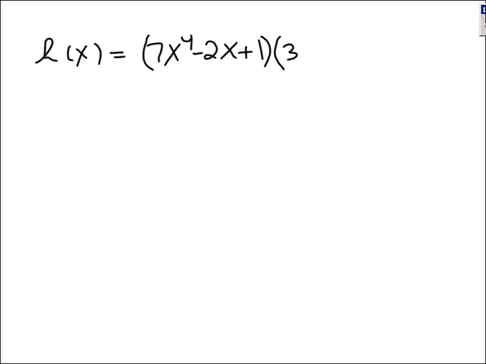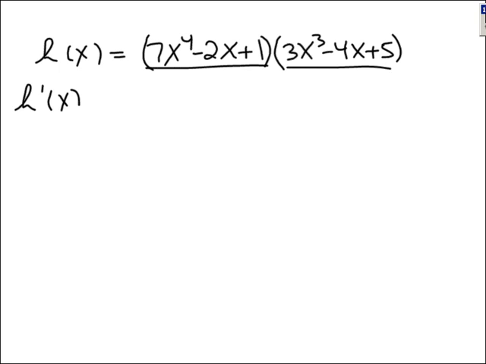Suppose you were told that h of x is equal to 7x to the 4th minus 2x plus 1, and this is being multiplied by 3x cubed minus 4x plus 5. You want to find the derivative. Well, this is the first factor, that's the second factor.